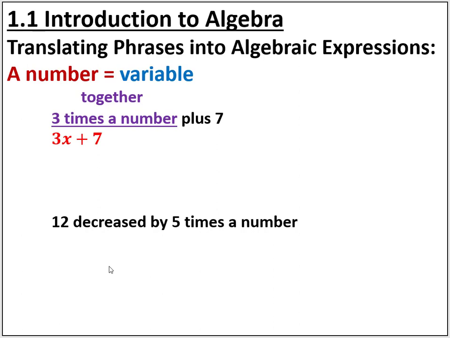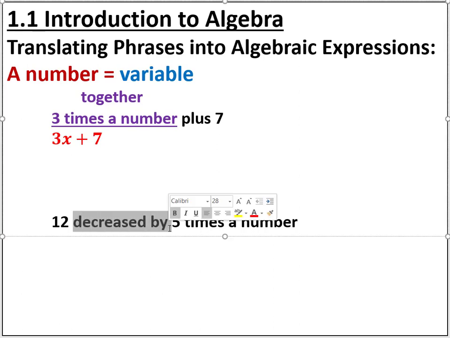All right, let's take a look at the next example. It says 12 decreased by 5 times the number. So we have two operations, decrease and 5 times the number. So here we want to pay very, very close attention. Now, the first operation says decrease by.